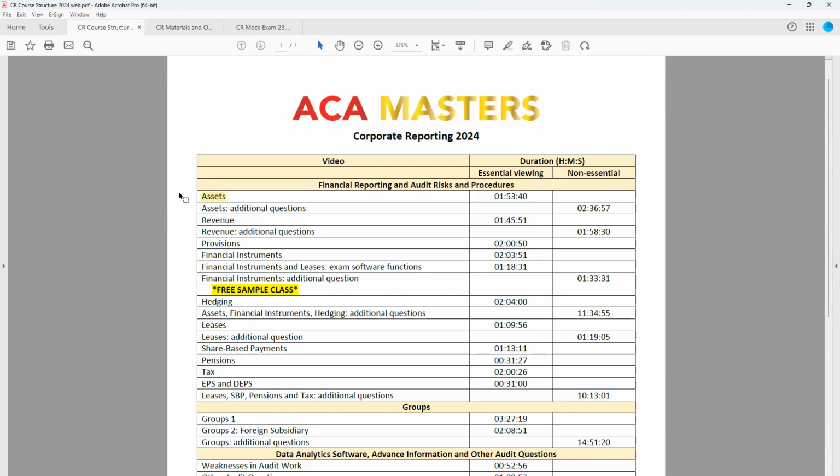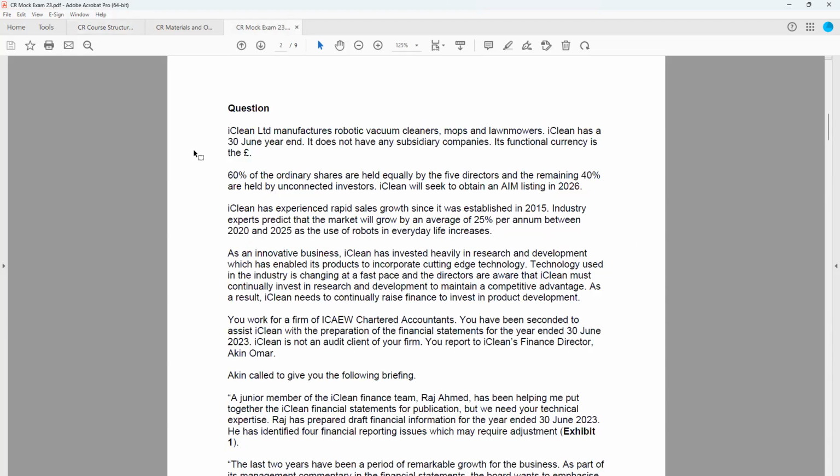The way that the classes are structured is I'll firstly teach you the key technical content in a nice, easy to understand, simplified way. Immediately after, I'll then go to some recent exam questions and work through the question to demonstrate how to apply that technical content in the exam.